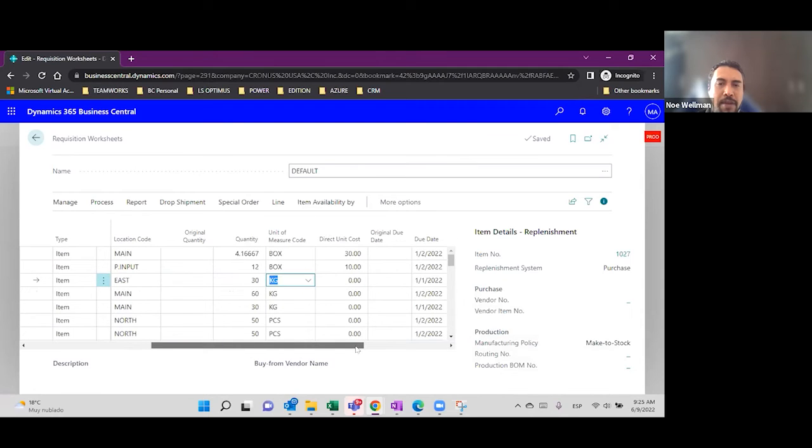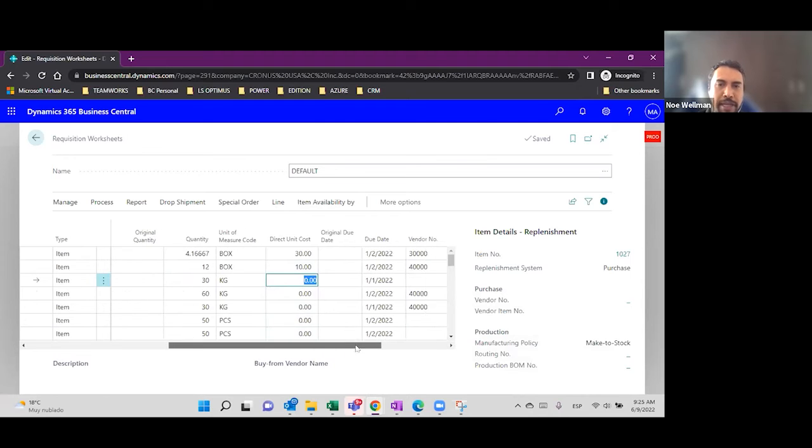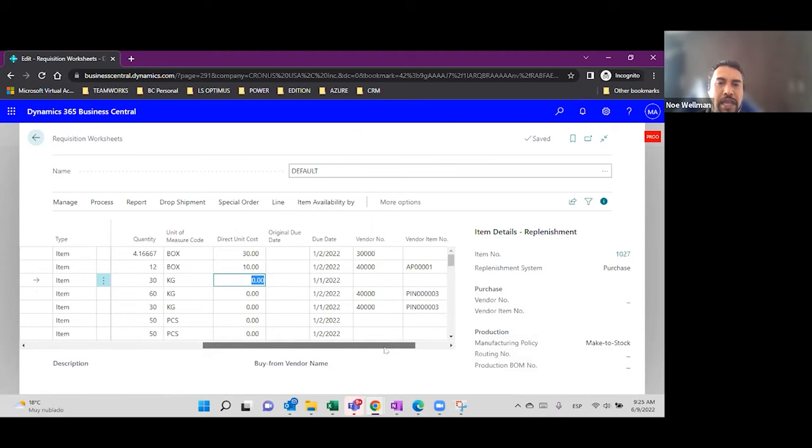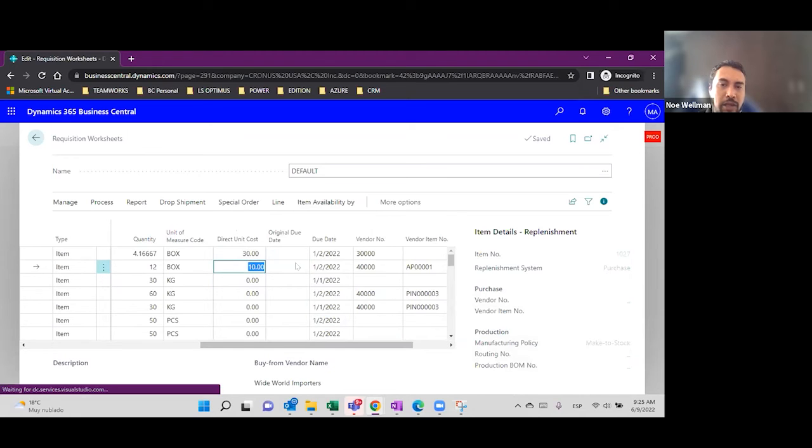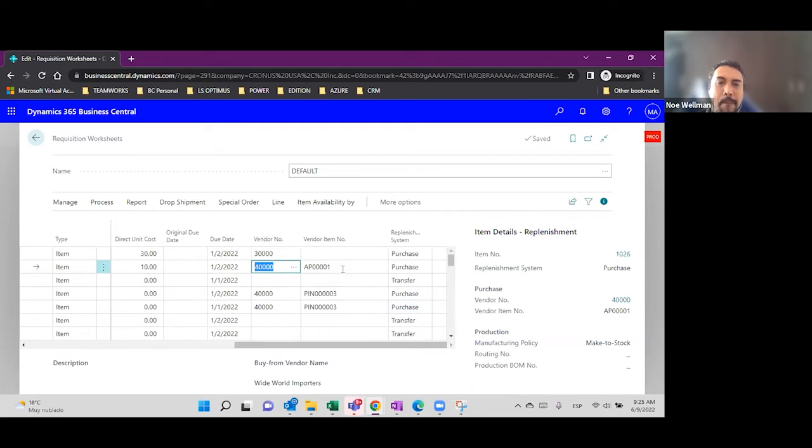And then, very important, the direct unit cost, okay? If you have it, add it. If not, it's not a problem. It's going to create a purchase order. Look at this, it has a direct unit cost. The vendor is the 4,000. And we even know the vendor item number, because yes, the pineapple has one code for the item, but our vendors do not know our internal item codes.